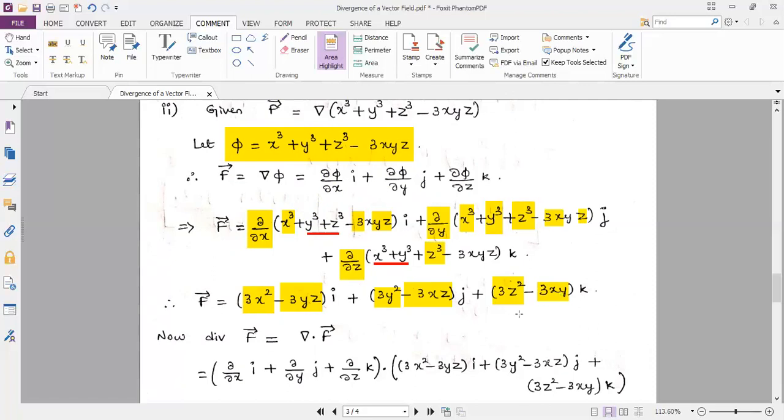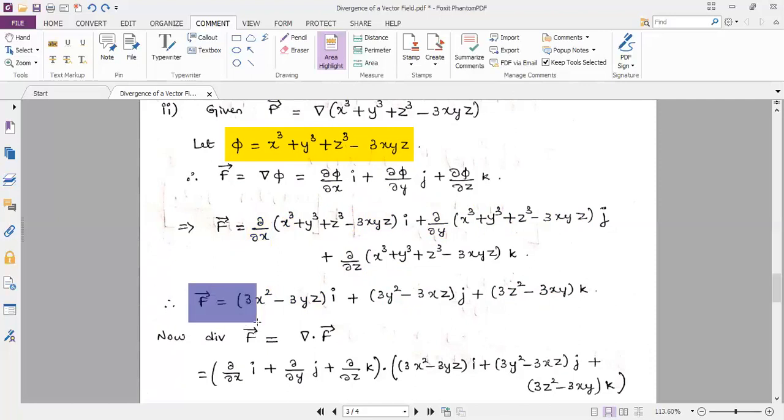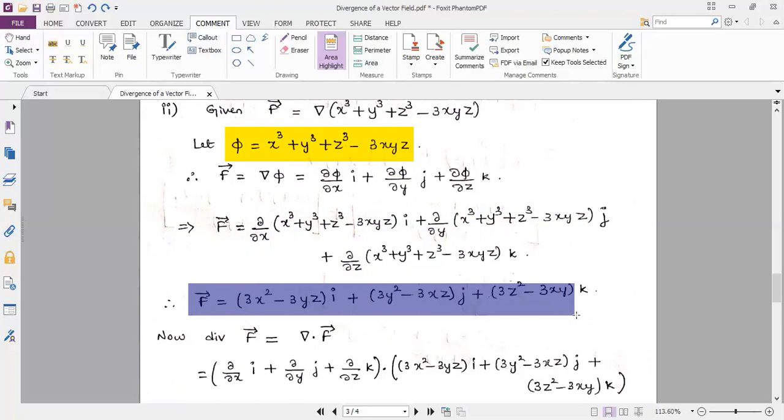So this is the expression that we obtain for vector f. After performing grad phi, vector f is 3x square minus 3yz i plus 3y square minus 3xz j plus 3z square minus 3xy k.